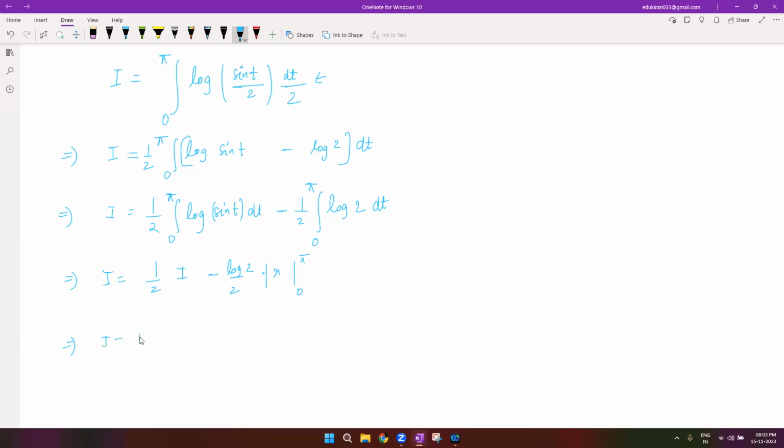This becomes I minus I by 2 is equal to minus log 2 divided by 2 times pi minus 0, which is pi. So I by 2 is equal to minus pi log 2 divided by 2, which implies that I is equal to minus pi log 2.